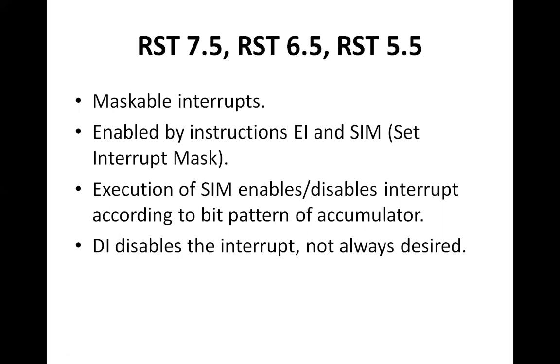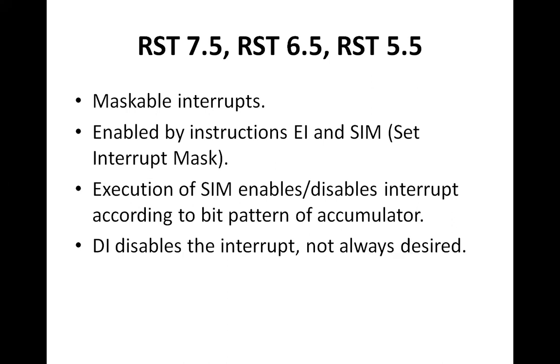So as I told you, RST 7.5, 6.5, and 5.5 are the maskable interrupts. These maskable interrupts can be masked by using instructions, by writing something into the accumulator, meaning thereby that individual interrupts can be masked, or one interrupt can be masked, or more than one interrupt can be masked.